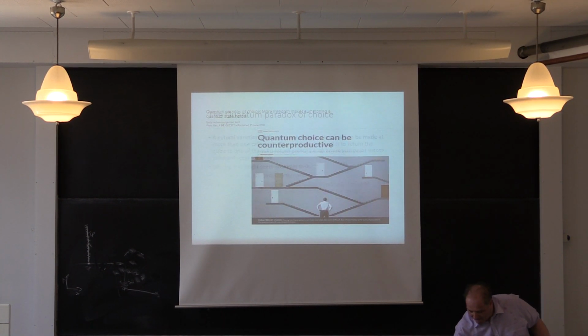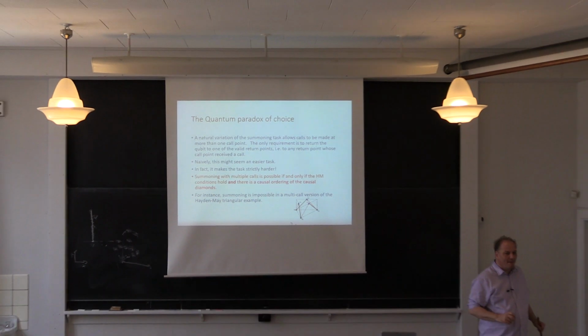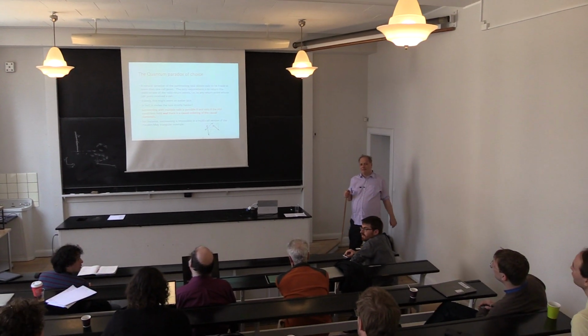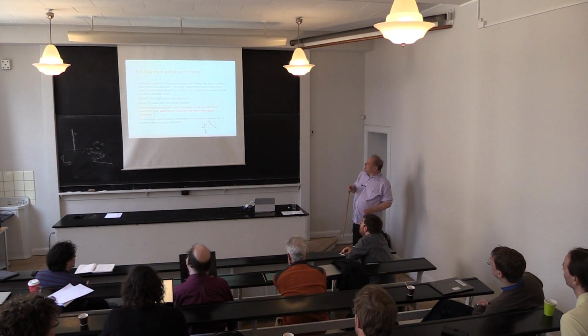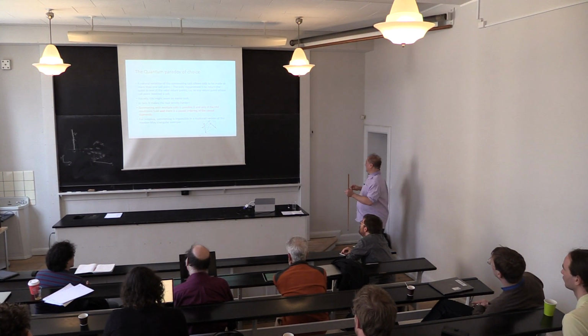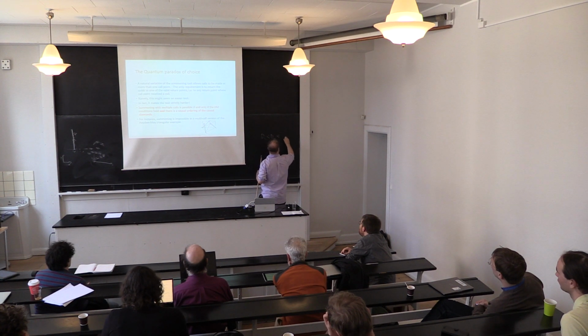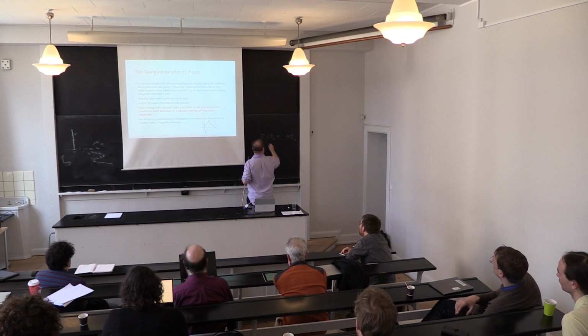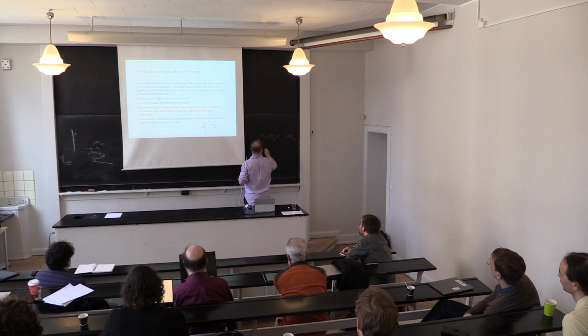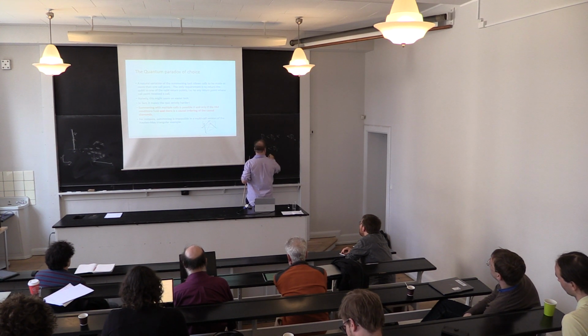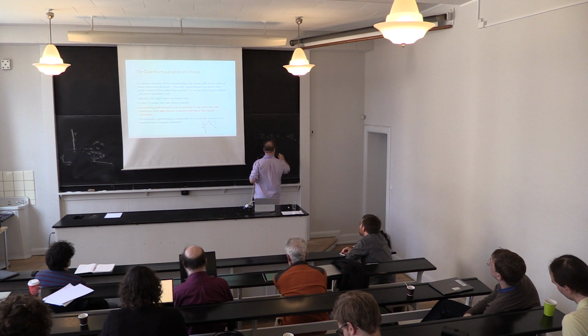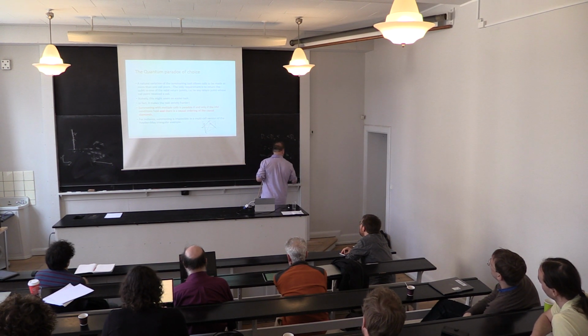Could you go back? This condition is causal ordering. That does not imply the main conditions? No. Causal ordering means that there's something like d_i less than d_j, meaning a causal path from i to j.